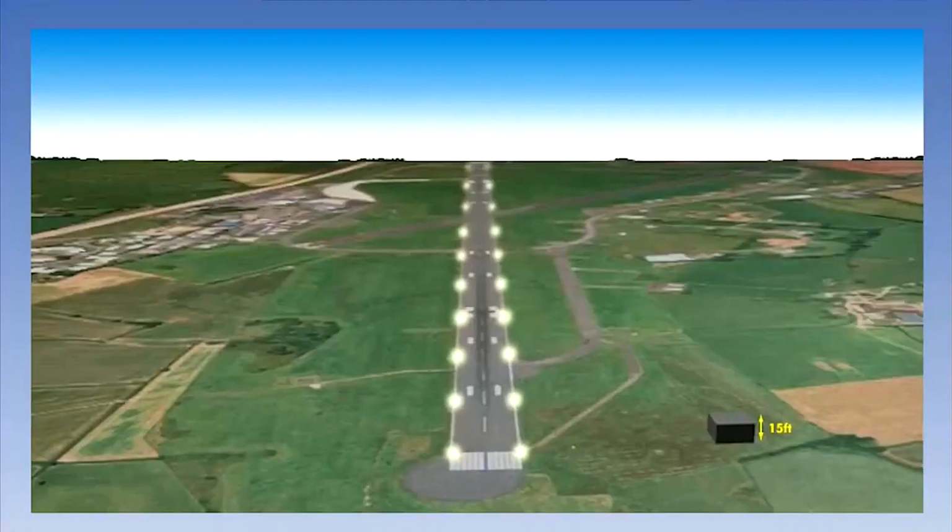Note, however, that RVR is reported for the touchdown zone only and can be determined by placing an observer 76 meters from the center line of the runway and counting the number of marker boards or lights in the appropriate direction.